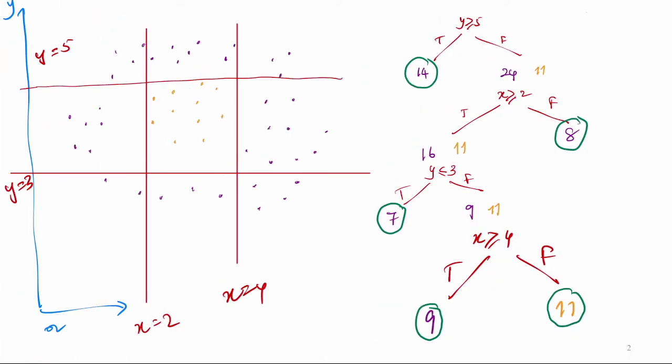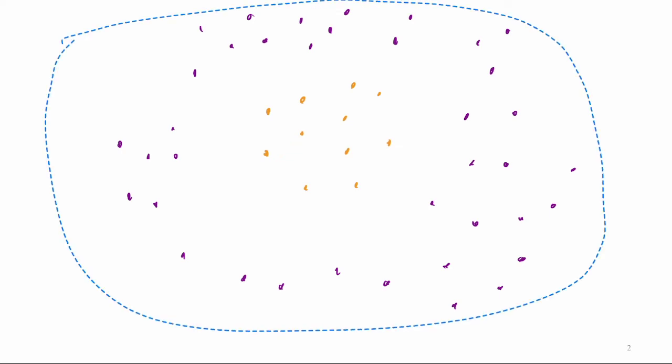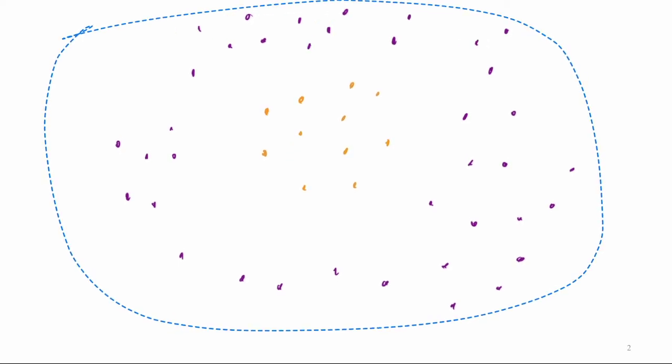So we have this entire data set, and we see that there's a massive number of purples, and then 11 orange dots. So if we look at the entire picture without our red line, let me just copy this so that we can have a look at it.